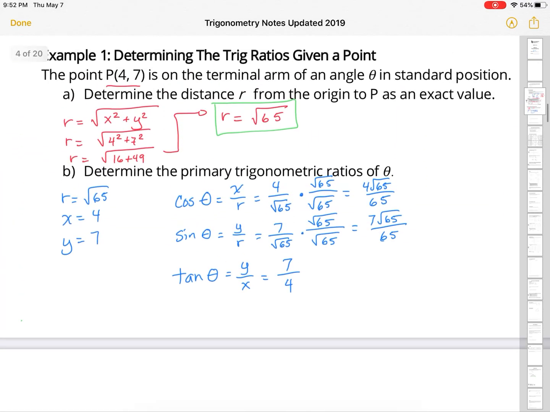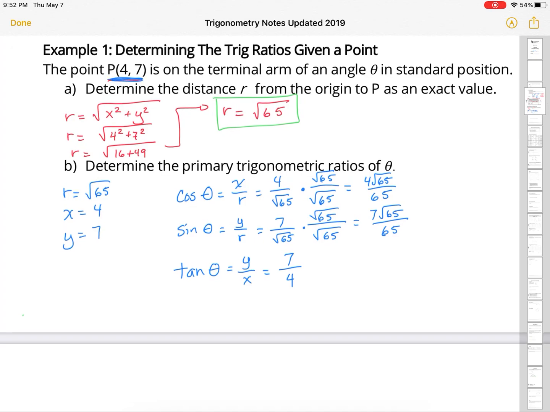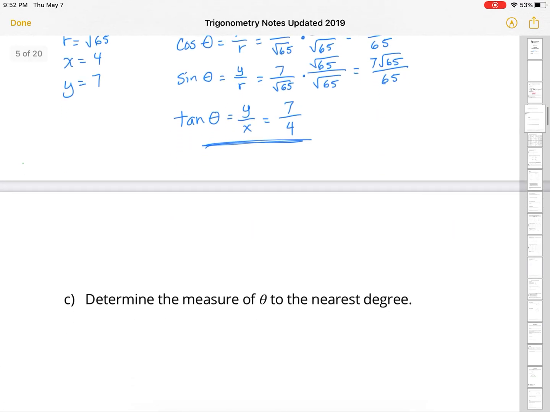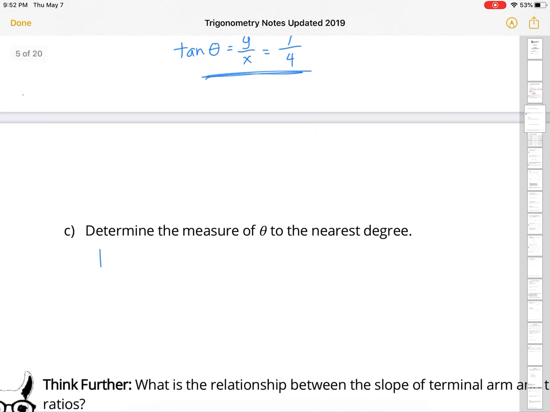Now, the next question on the next page says, determine the measure of theta to the nearest degree. Well, I always say use the ratio that is closest to the information given. Because we got the point, tan is actually the one we probably should use, just in case we made an error solving for r.